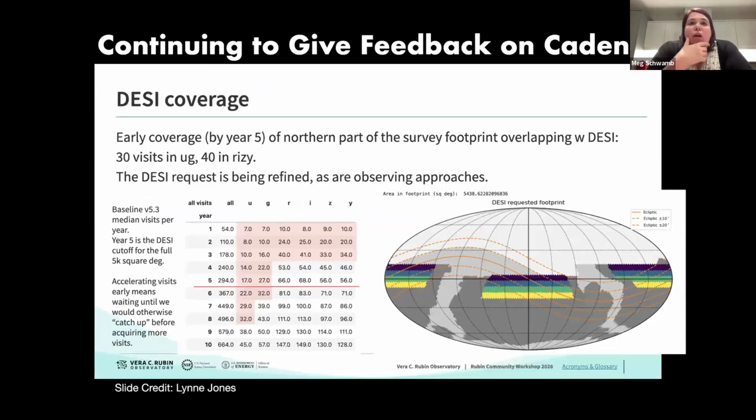The other thing is that I just want to highlight some other things that are slightly related to year 1, year 2, and just because I have the floor, is that we don't just stop giving feedback on cadence because the LSST has started.